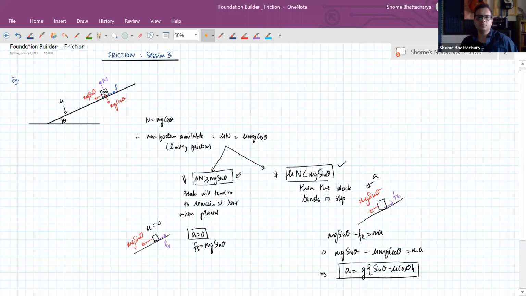They're already shown in the top FBD. So just take down this diagram with the free body diagram forces shown. This is what we discussed so far. We started with the situation of a block placed on a rough inclined plane, with two possibilities: the block might remain at rest or the block might start slipping.